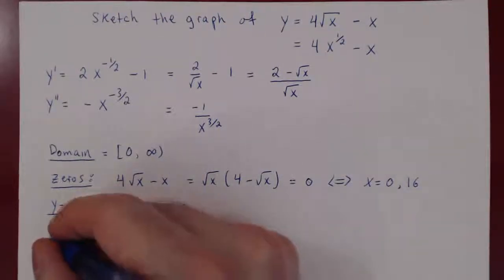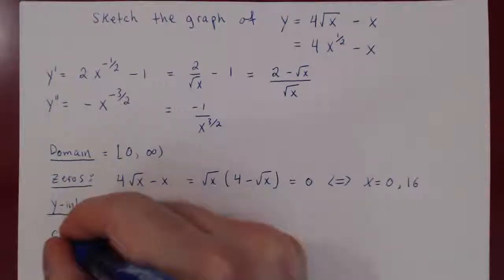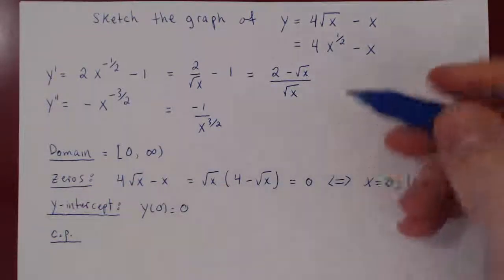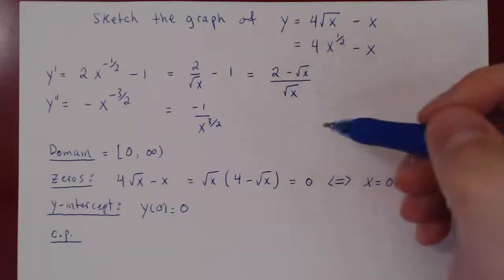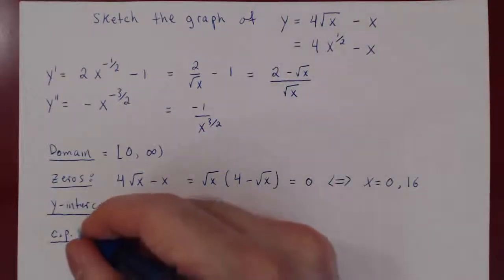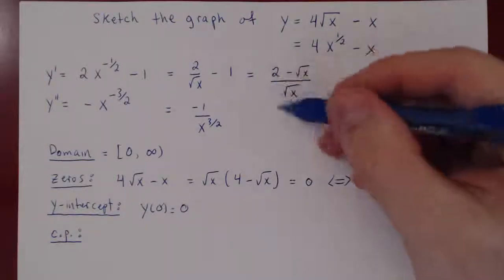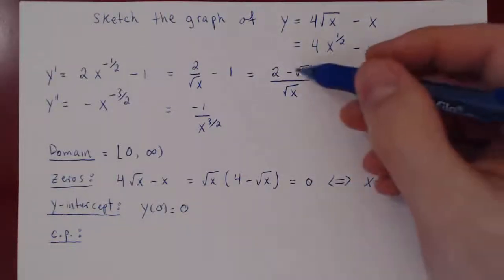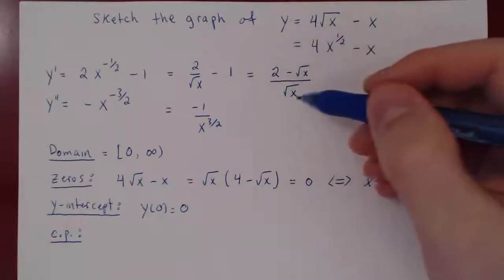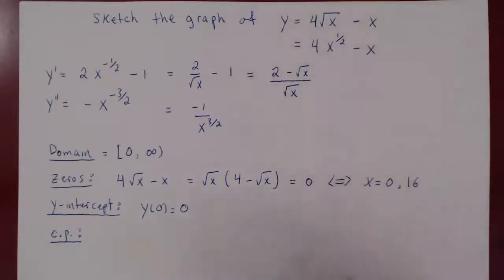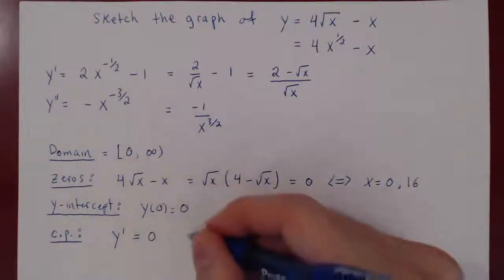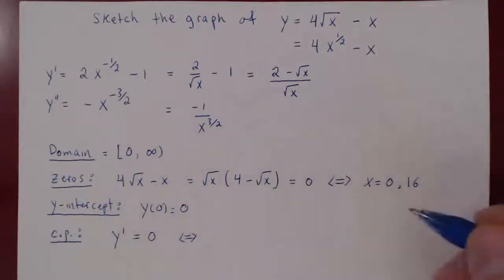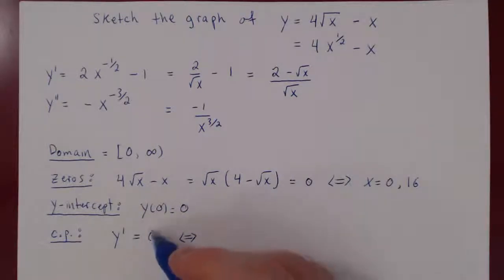Let us now look for our critical points. And here it is interesting because if you look at the derivative, you have 2 minus root of x over root of x. And critical points, remember, are points where the derivative is 0 or is undefined. And we'll find that here, the derivative is undefined at x equals 0. So first, the critical points that satisfy the derivative is equal to 0. So the points where the tangent line is horizontal, so the curve is flat.